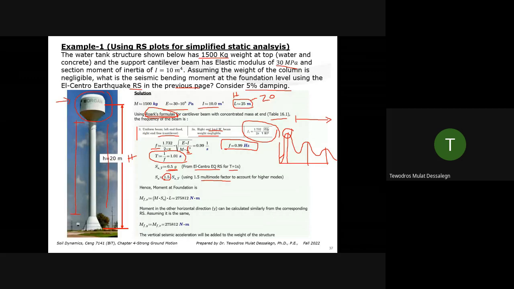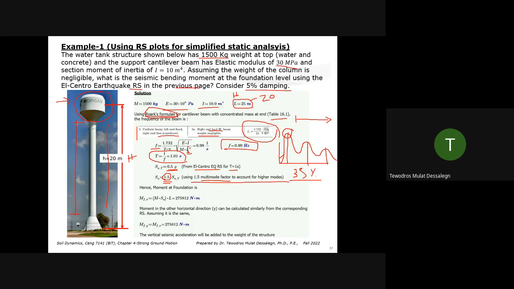But in our case, for a hand calculation, it's observed that if you do several simulations with, let's say, SAP 2000 and compare with hand calculation, the increase is around 33%. There are published papers doing that. But conservatively, we are increasing it by 50%. So this 1.5 factor is common, and it's called a multi-mode factor.